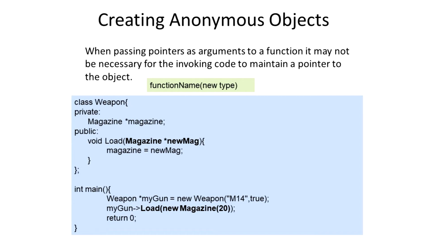We just haven't got the first half of that typical statement, which is where we declare the object name, or the pointer name that we refer to. So because we haven't got that, we've got an unnamed object, which is what we refer to as an anonymous object, an object without a name. But because the keyword new creates the object on the heap, that is a memory address that we can then pass into the pointer that's to be received in the load function to assign a new magazine to the weapon.